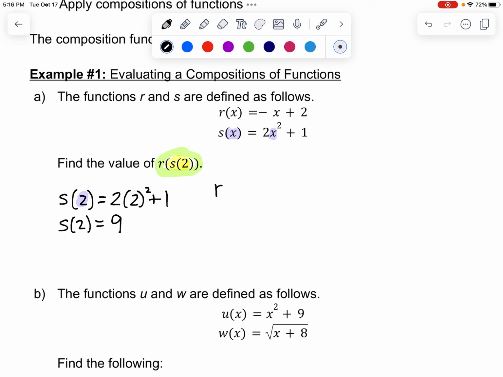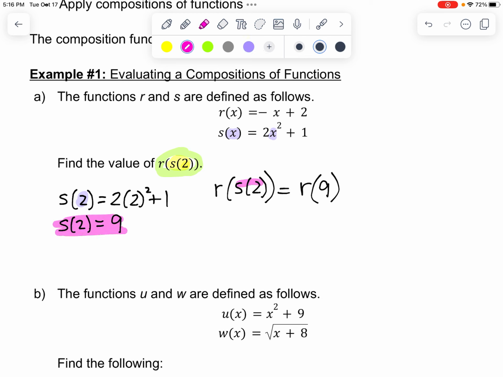So, again, r of s of 2, if s of 2 is 9, because that's what we solved it for down here, so s of 2 is equal to 9, if I substitute in a 9 for s of 2, now I'm just looking for r of 9. And this time, I'm going to take the x value and substitute it into that top function r.